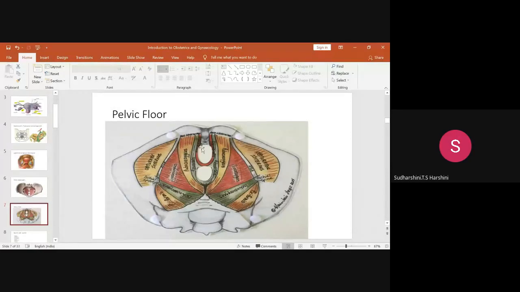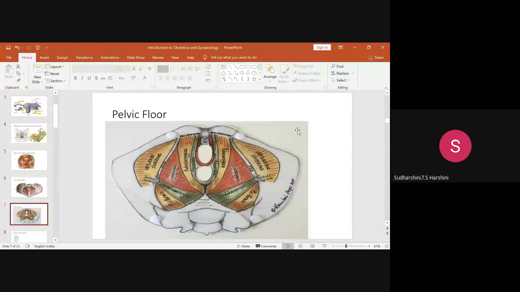Okay. So the pelvic floor gets weakened in what all conditions? Pregnancy itself is going to weaken the pelvic floor, because these muscles should bear the weight of the pregnant uterus with fetus, amniotic fluid, everything.